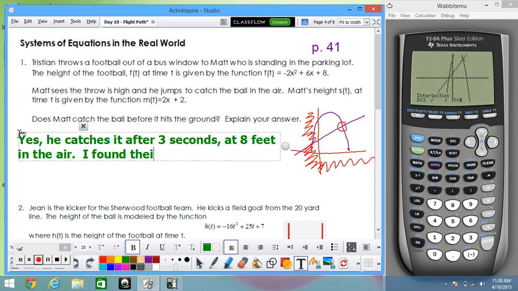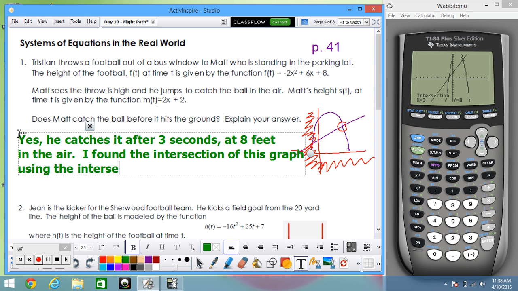I found the intersection of this graph, and I'll draw a little arrow to that graph in a second, using the intersection function on my calculator. Ta-da! Perfect answer.